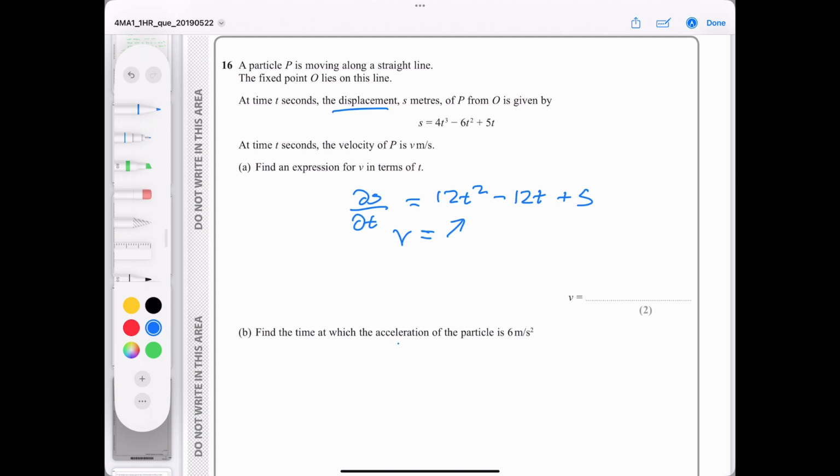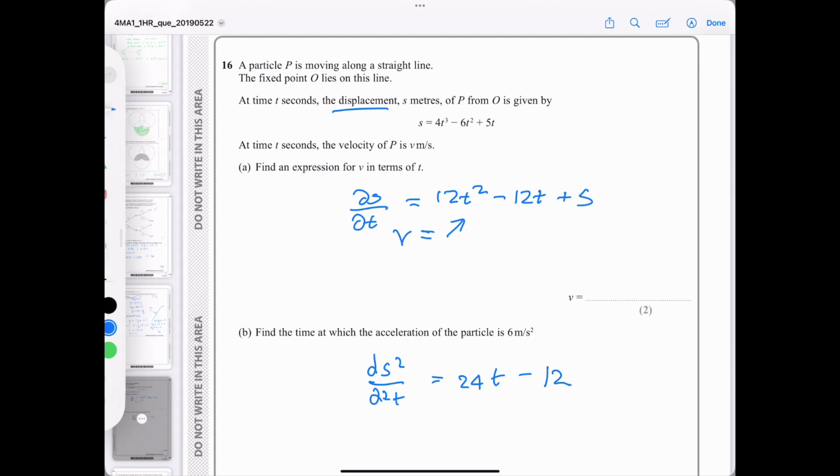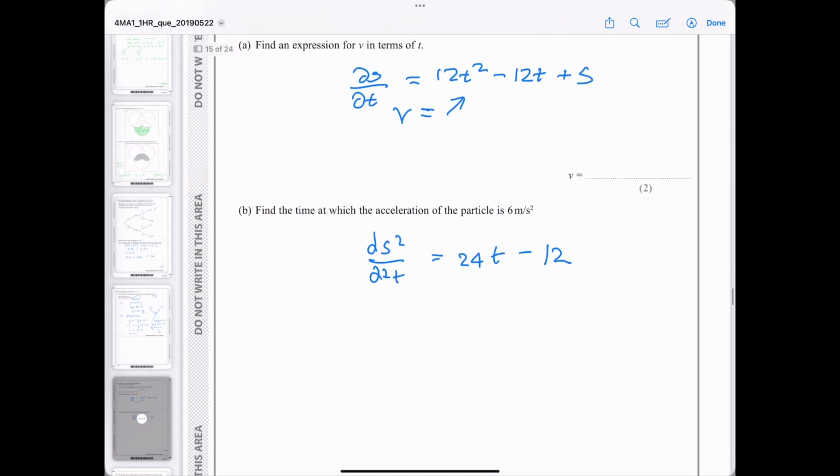Now find the time at which the acceleration of the particle is 6 meters per second squared. We're going to have to differentiate it again. So d2s by dt2 equals 24t minus 12. We've got to find the time when it equals 6. So this is the acceleration.